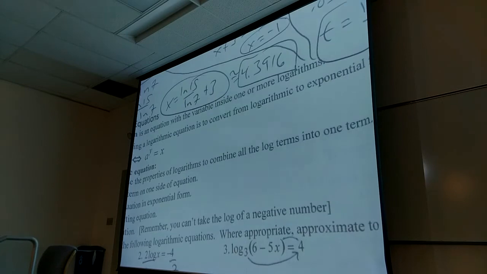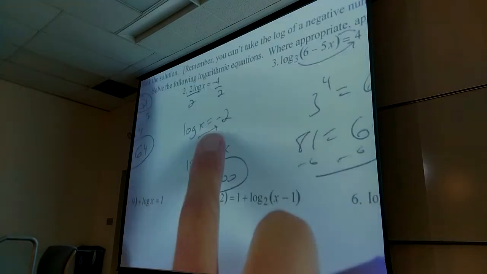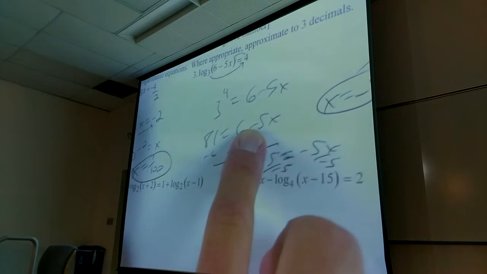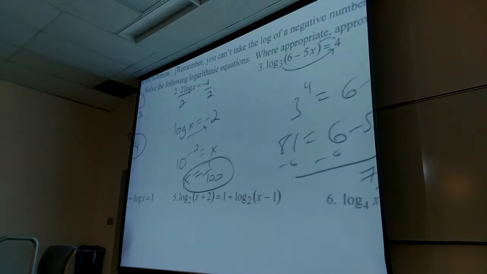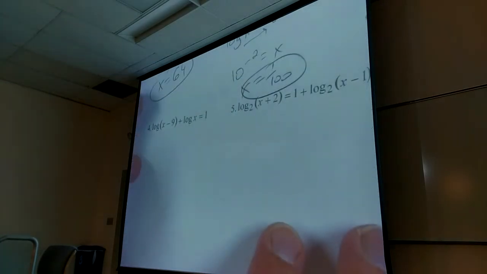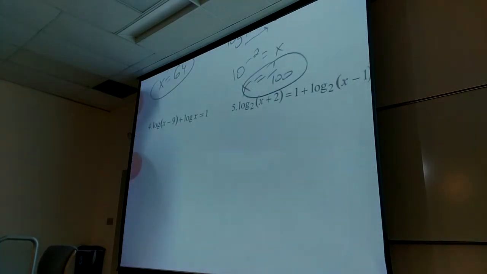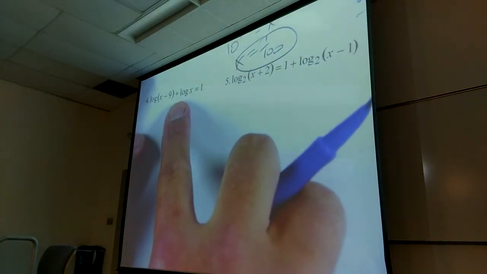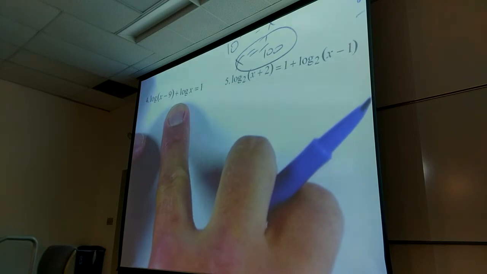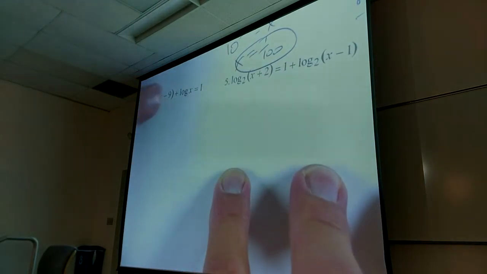So, yesterday, we got through these 3. This last one we did. What do you guys think we do on number 4? This would be so easy if only that one log wasn't there.